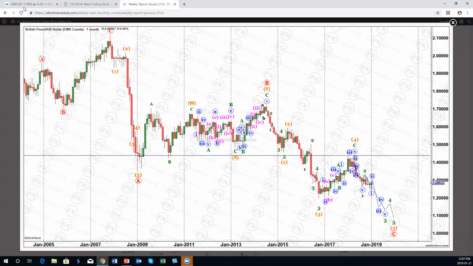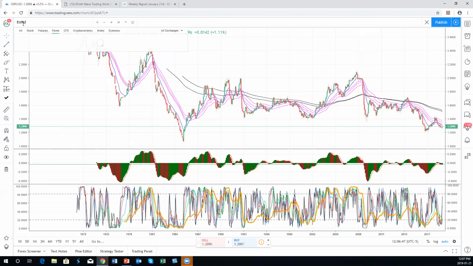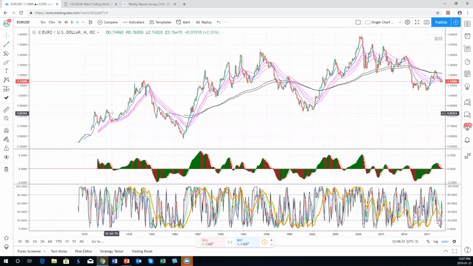You can go back and look at the longer term charts. We can pull up the euro as well. The data here also goes back to 1972. And of course, it wasn't called the euro back in 1972. It was called the Deutschmark.